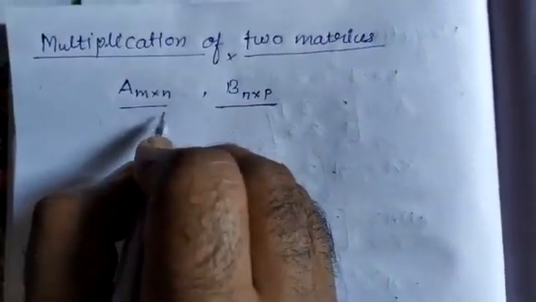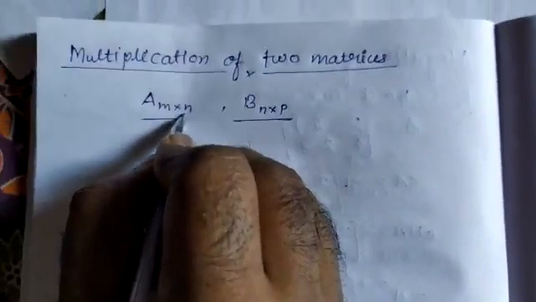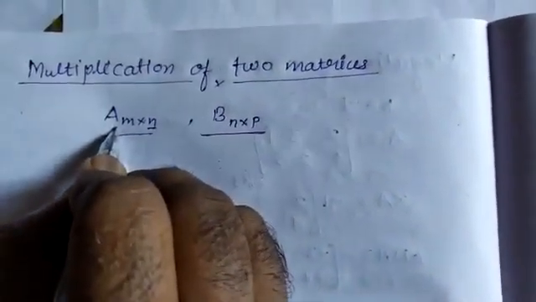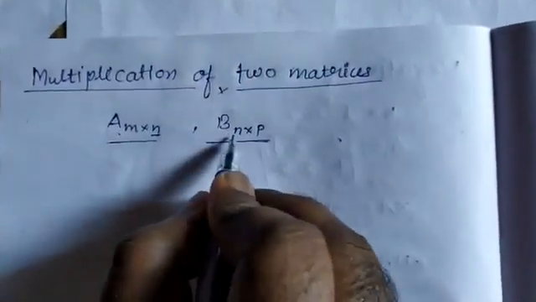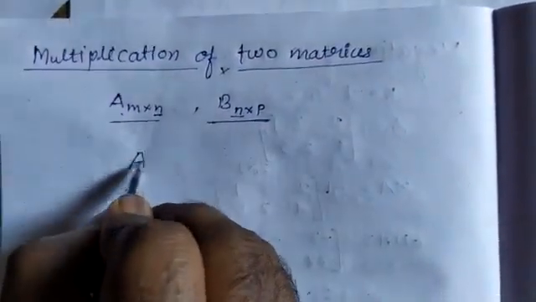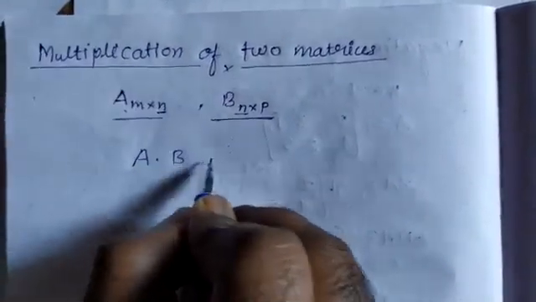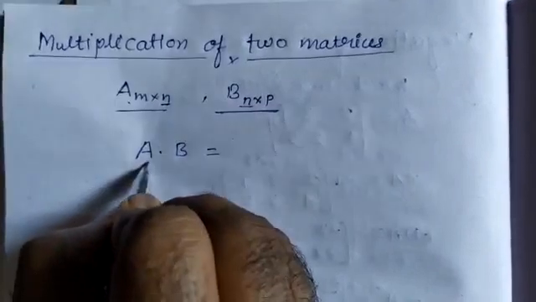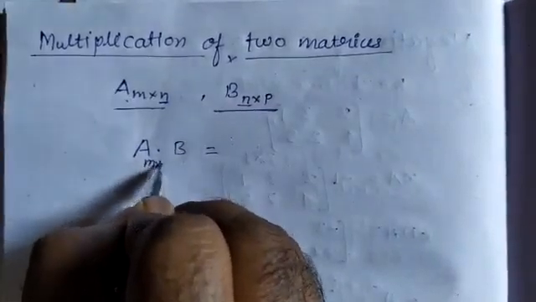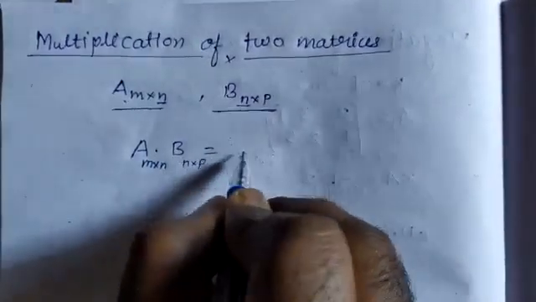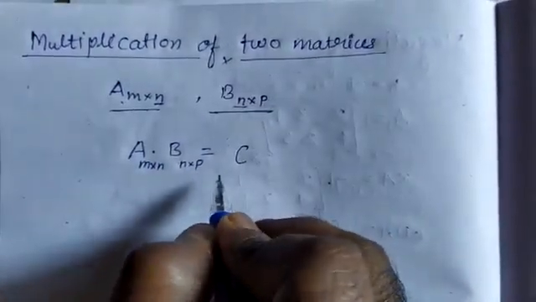Multiplication is possible if the number of columns in the first matrix A is equal to the number of rows in the second matrix B. Then multiplication of A and B is possible. If the order of matrix A is m cross n and B is n cross p, then you will get another matrix C.